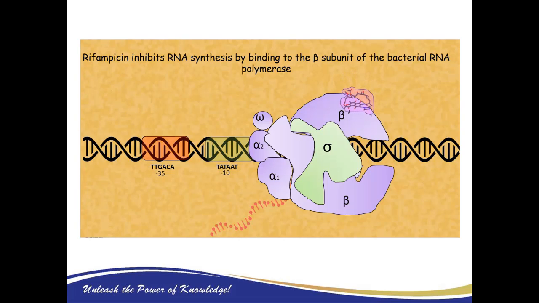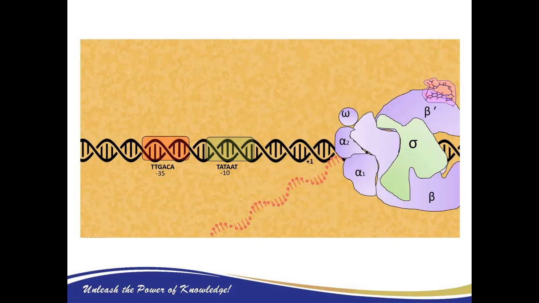Rifampicin can bind to the beta dash subunit of the prokaryotic RNA polymerase, and it holds the RNA polymerase there and reduces its promoter clearance probability. Once the promoter is not cleared, abortive transcription can happen and short length mRNAs would be generated, which would not give rise to a functional protein, and that's how the bacteria would die.